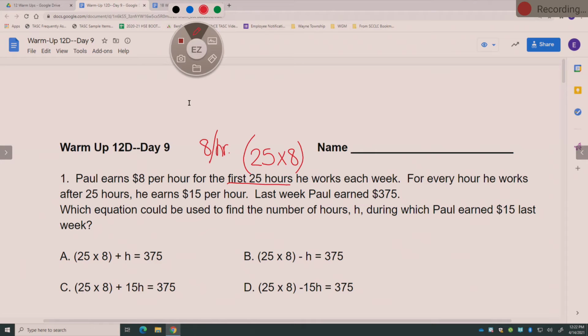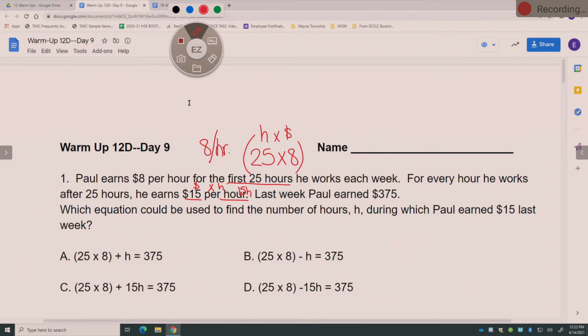Everything after 25 hours, he earns $15 per hour, which this was hour times money, right? So down here, we want to do money times hour. So it would be 15H.